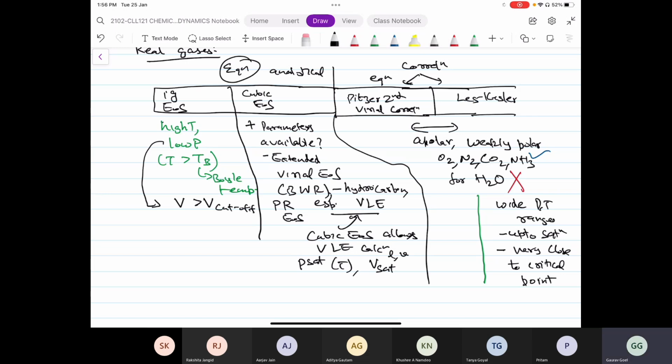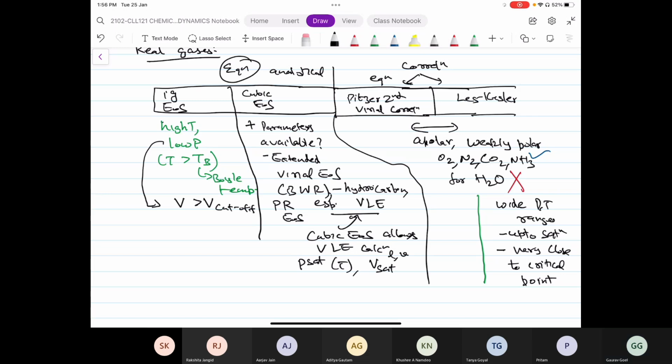If I start approaching pressures which are very close to the critical point, PC, I will not use Lee Kesler either. There are some very specific relationships available if you want to model fluid behavior near the critical point. But as long as I'm away from the critical point and I'm looking at apolar, weakly polar species, Lee Kesler are very good for pretty much the entire vapor region.